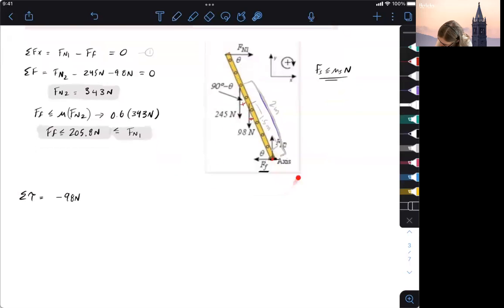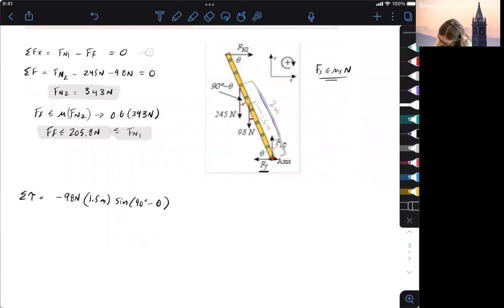So this would be clockwise, so that's going to be negative. Normally we see it rotating from this side, but it's still the whole circle. So negative 98 newtons, and the distance is 1.5 meters because we're in the middle. And then the angle, we have sine of 90 minus theta.